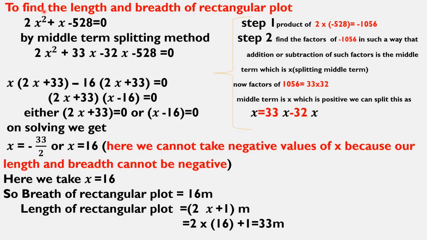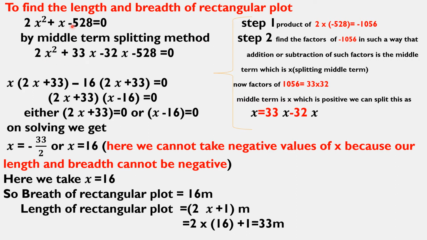To find the length and breadth of the rectangular plot, our quadratic equation is 2x square plus x minus 528 equals 0. We can solve this equation by the middle term splitting method, as you have studied in your previous classes.